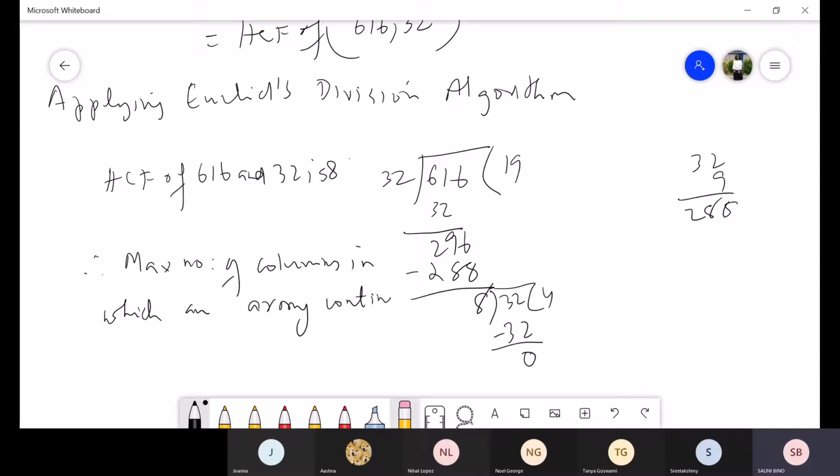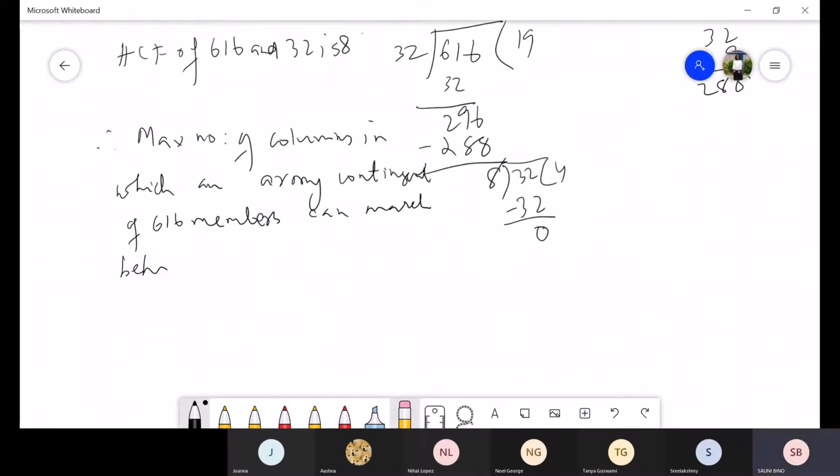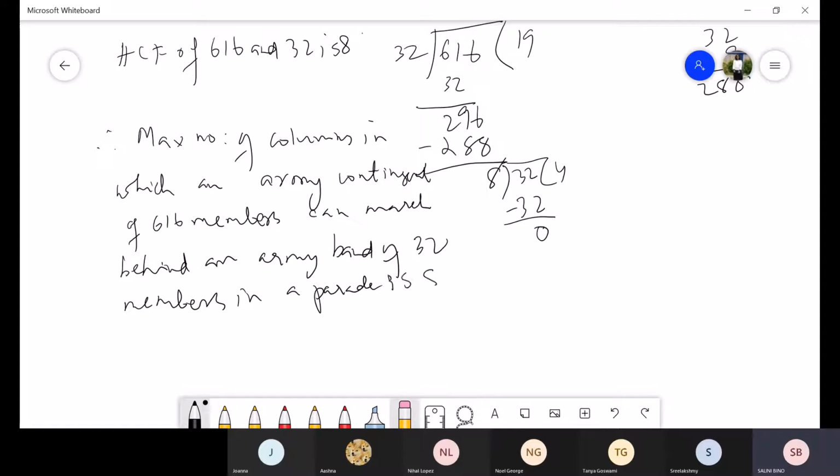The army contingent of 616 members can march behind an army band of 32 members. You have to write that question, that's it. Members in a parade is 8. So altogether 8 columns are there.